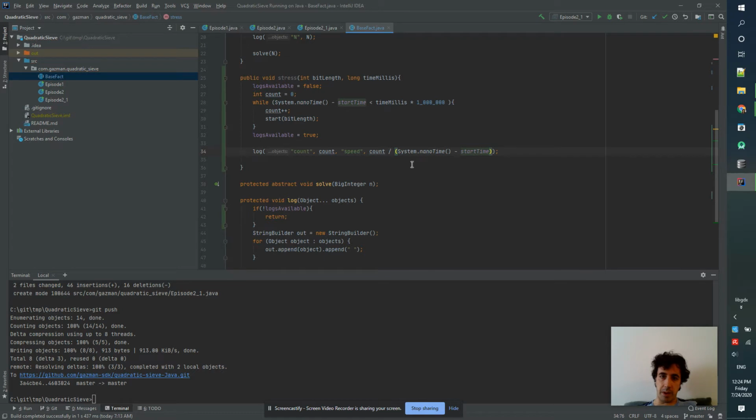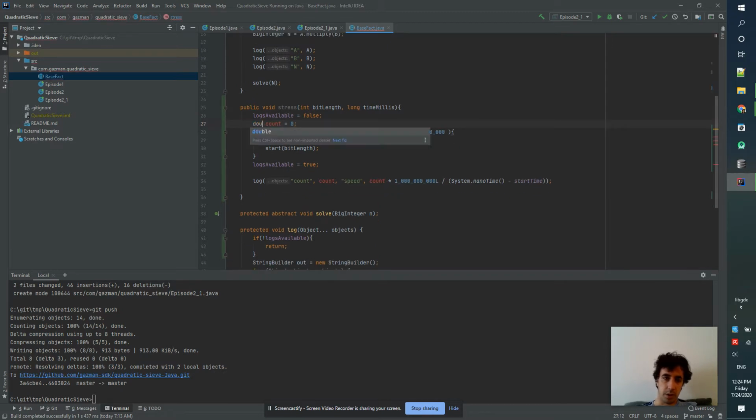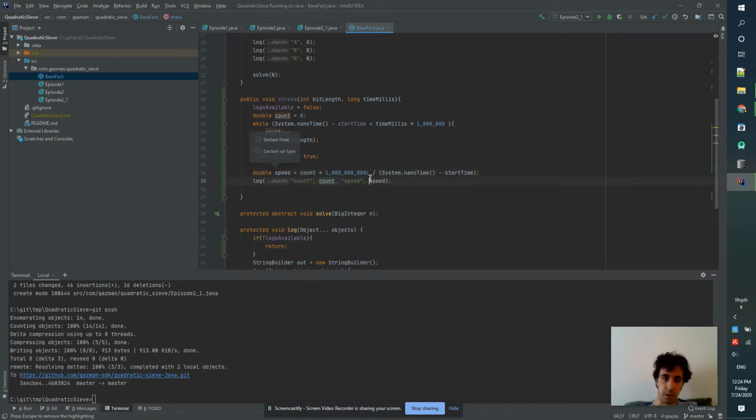That gives us the time in nanoseconds. We want it in milliseconds or even seconds, so let's multiply that by a second multiplier, and we want it to be double to see the results. Okay, so we have the speed, and we have the count. So this is our stress tool.